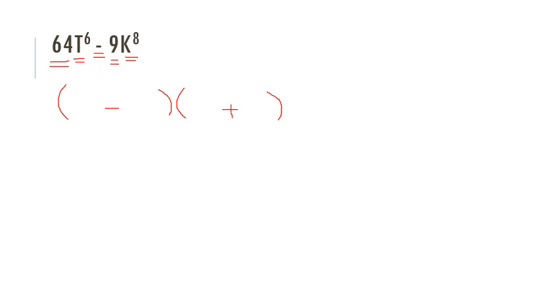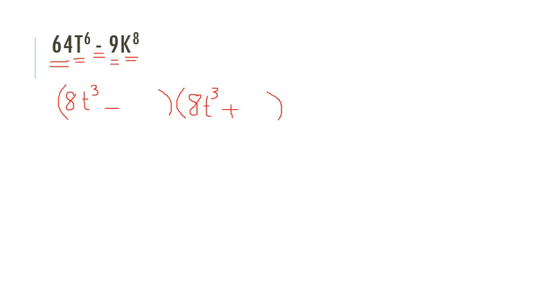Now I'm going to take the square root of 64, which is 8, and put that as my first terms. The square root of t to the 6th power is t to the 3rd power. So I'm going to put that as the variable. And just to double check, 8t cubed times 8t cubed really does equal 64t to the 6th. Then I'm going to do the same thing for this next term.